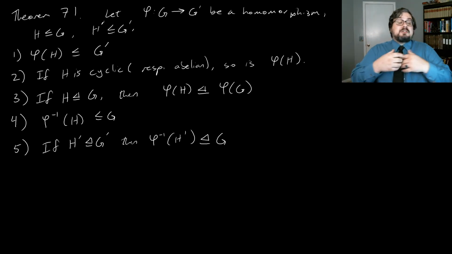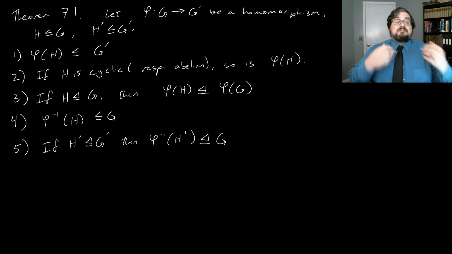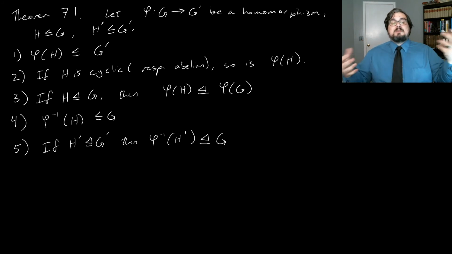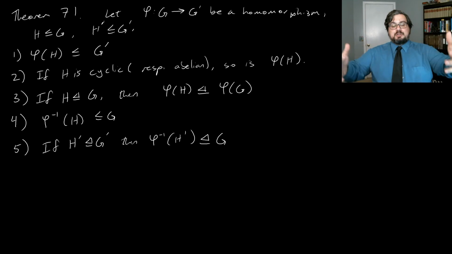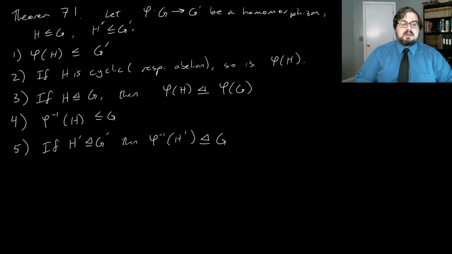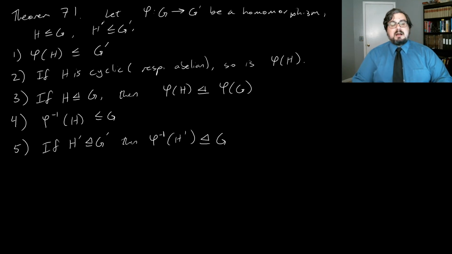But phi certainly is required to take every element of G somewhere. So if H prime is a normal subgroup of G prime, it contains all of the things that phi maps G to. And so when we pull the subgroup H prime back to G, we maintain normality. So the preimage of a normal subgroup is a normal subgroup.